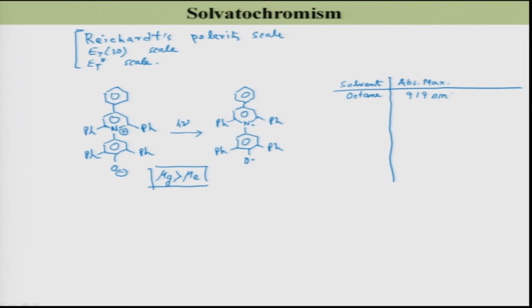When he changed octane to benzene, the value he observed is 833 nanometer. When he changed it to propanol, he observed 564 nanometer, and in case of methanol, this is 516 nanometer, and in case of water, it is 453 nanometer.